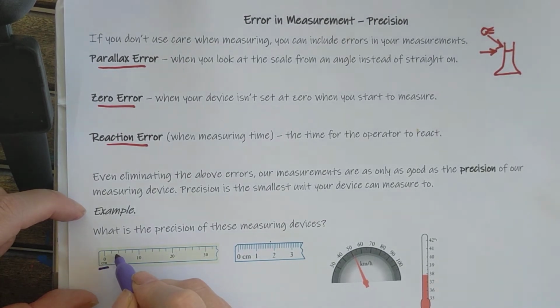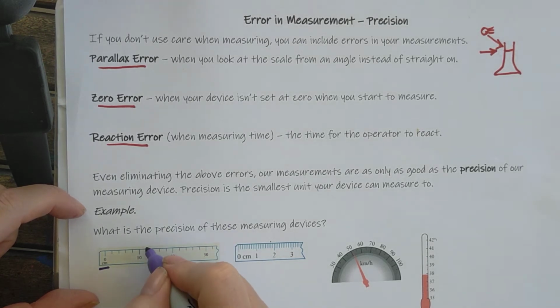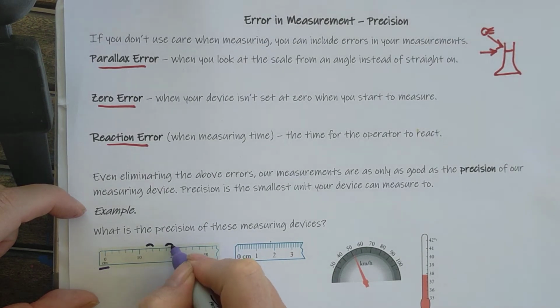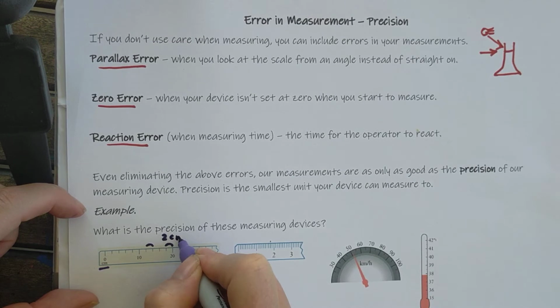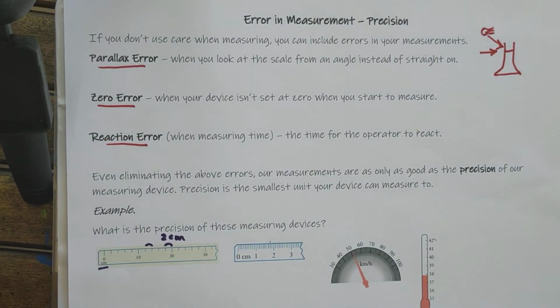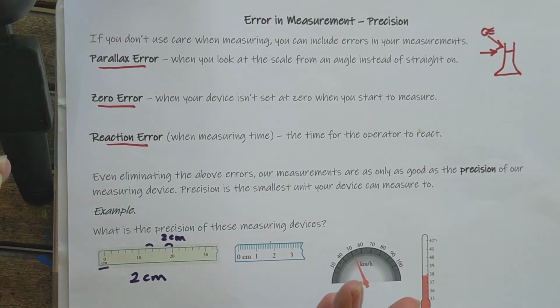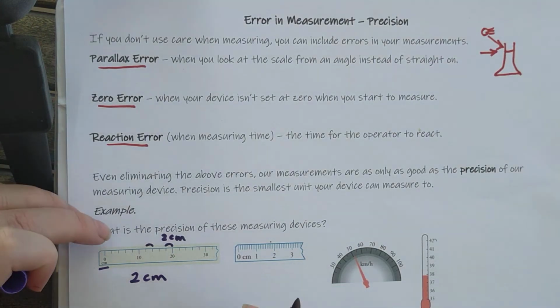So let's see, 1, 2, 3, 4, 5. That means each of these dashes is 2, 4, 6, 8, 10 centimetres. Each dash is 2 centimetres. So the precision of my measuring device for this ruler here is 2 centimetres. I can only be as precise as about 2 centimetres.